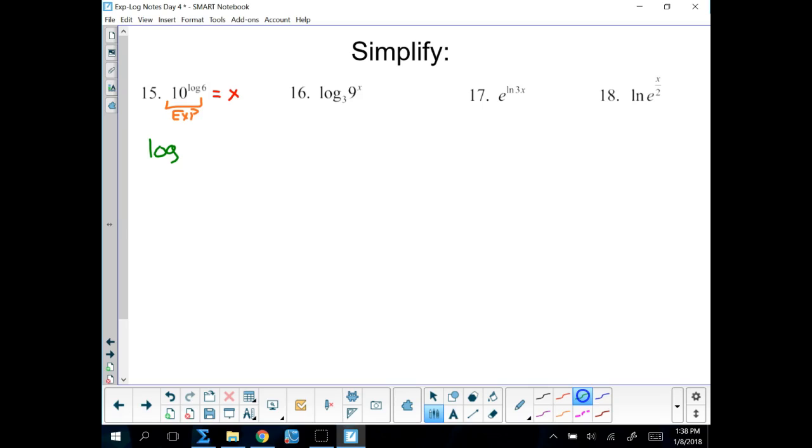Technically, it's kind of not proper math, but I'm okay with it. Of, what's my answer? X in this case is equal to my exponent. What's my exponent? Log of 6.